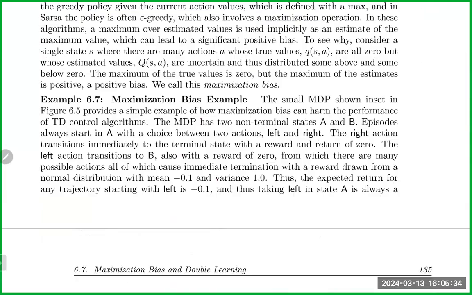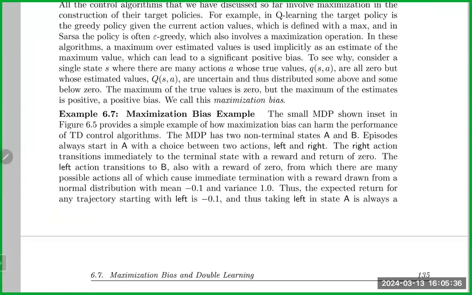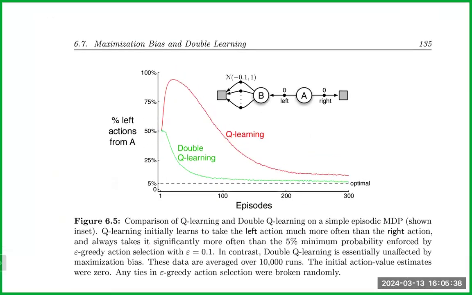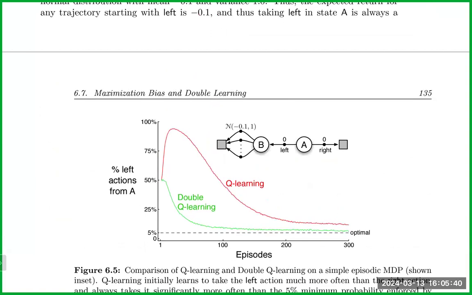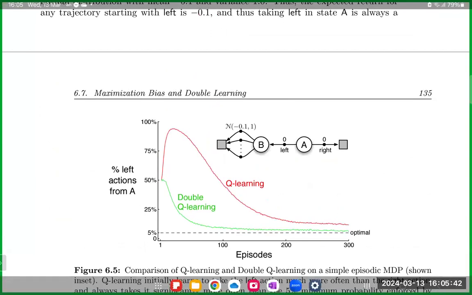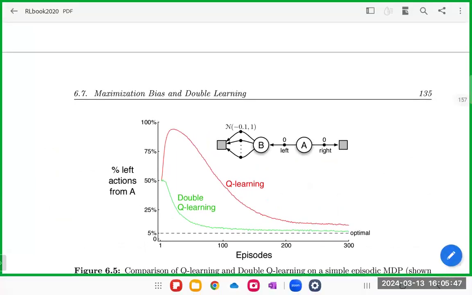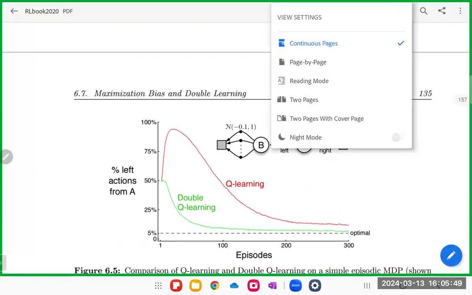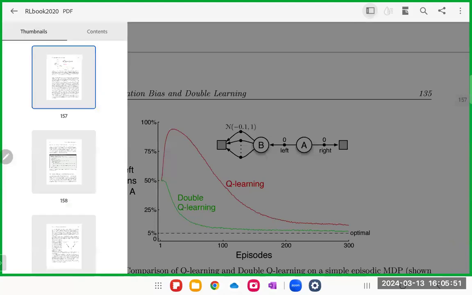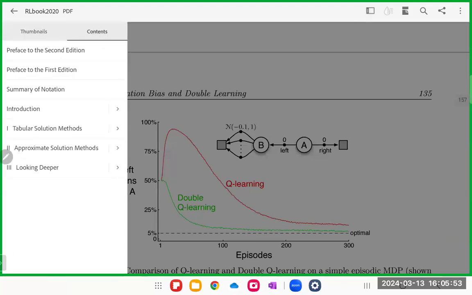So this is about Q learning and double Q learning. Since I have not shown you many examples, maybe I'll show you one more example where we are trying to compare Monte Carlo methods and TD methods, which we have also looked at, right?